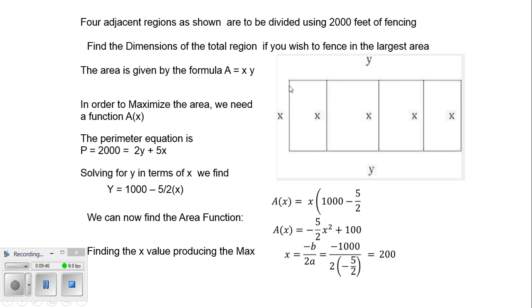We have 5 lengths of X at 200: 200, 400, 600, 800, 1,000. That leaves another 1,000 feet from the 2,000, which is split at 500 and 500 for the Y lengths. So the dimensions of the rectangle with the largest area are a length of 200 in X and 500 in Y.